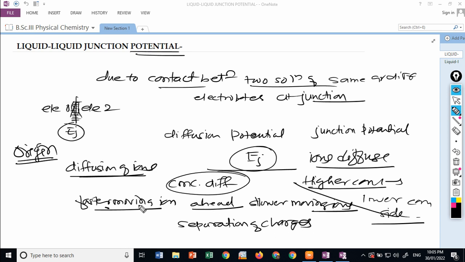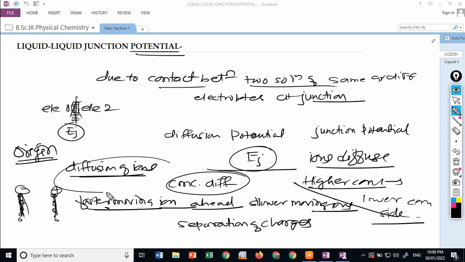What does that mean? The faster moving ion is moving ahead of the slower moving ion. So here the slower moving ions get accumulated, and here the faster moving ions get accumulated. If the slower moving ion is a negative ion, this side will carry the negative charge, and if the faster moving ion is positively charged, then this side will acquire the positive charge.